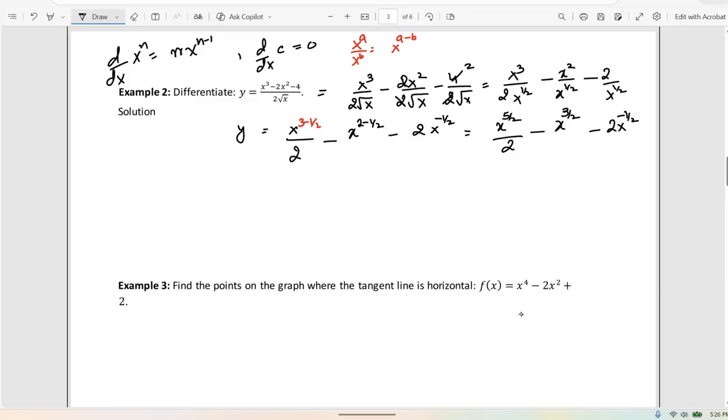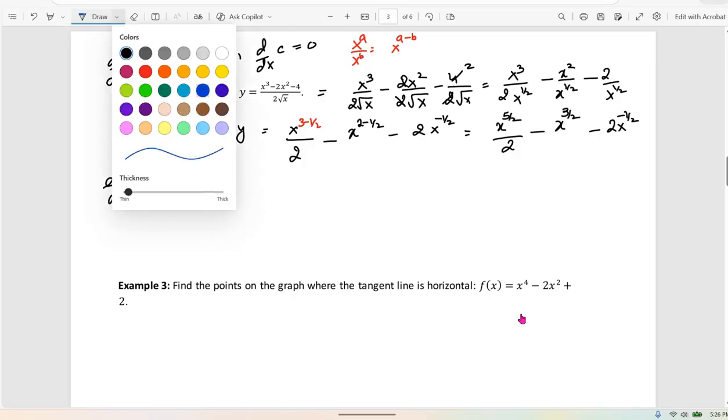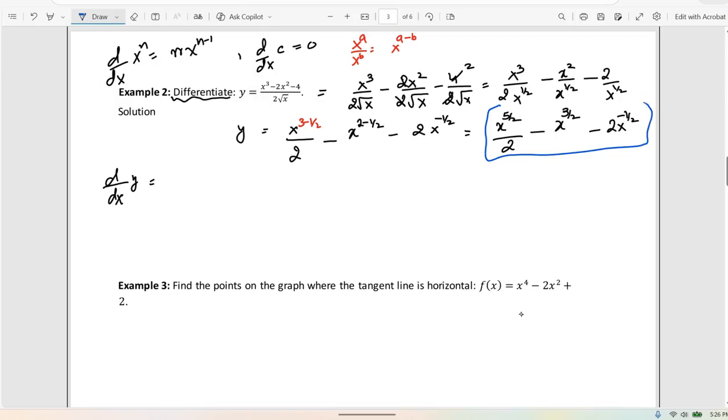Now we are going to differentiate. We didn't even differentiate yet. We are just simplifying into something which we can work with. So the derivative of y with respect to x: we're going to differentiate this y because we simplified y to equal that. Okay. Half is just a constant.